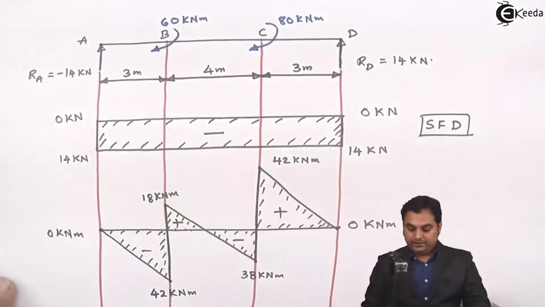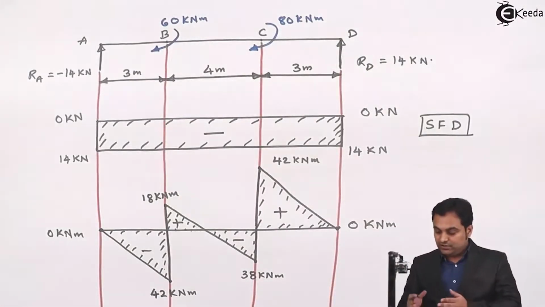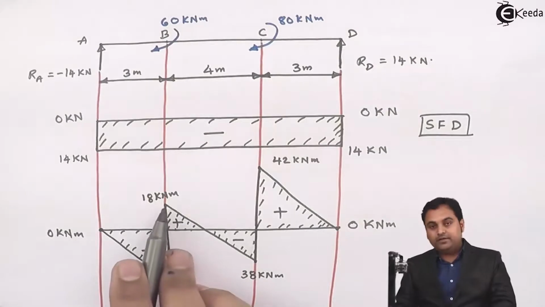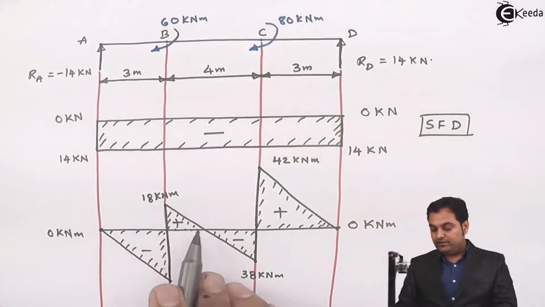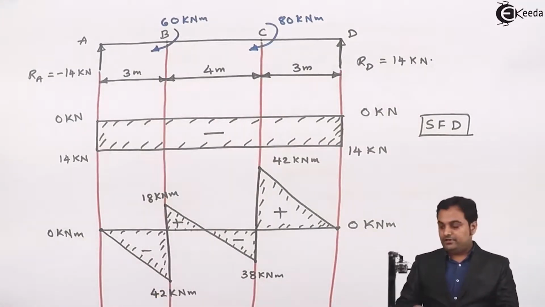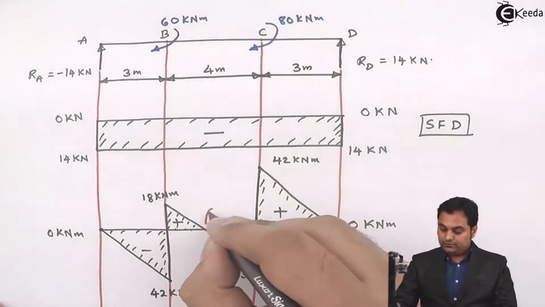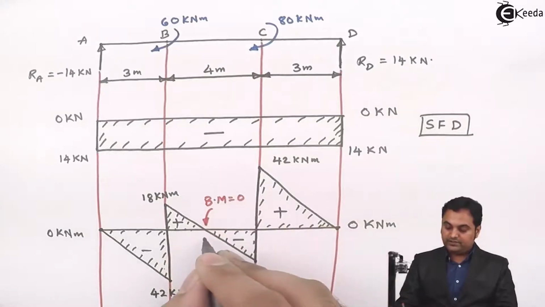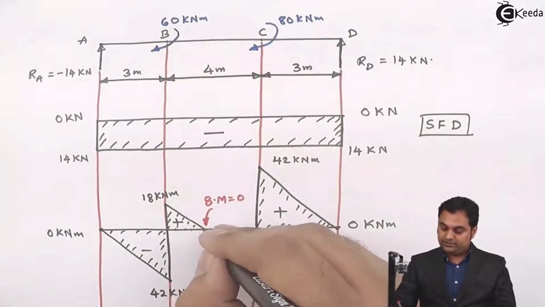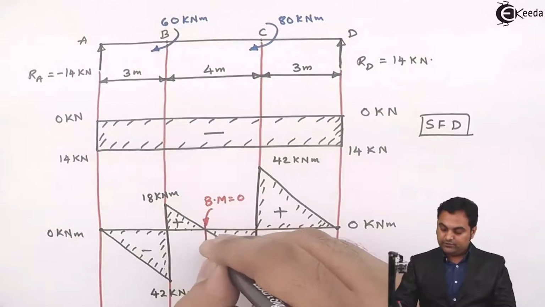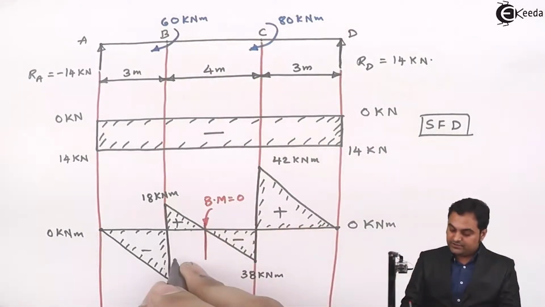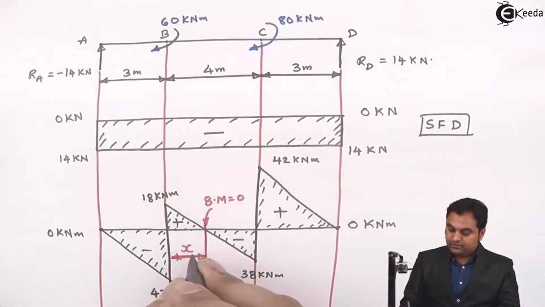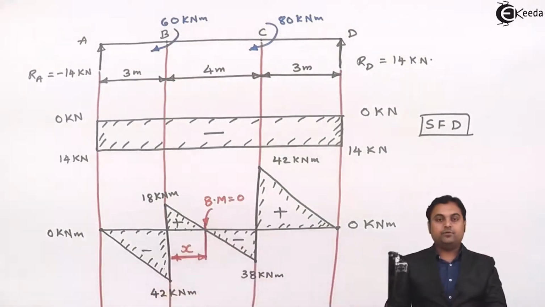Now in this problem, as we see here, there is a point where the bending moment crosses from positive to negative, and at this location the bending moment becomes 0. So here the bending moment value is equal to 0, and this point will be called the point of contraflexure. Here in this problem, I'll also locate this distance, that is, find at how much distance, I'll call it x, we are getting the bending moment as 0.